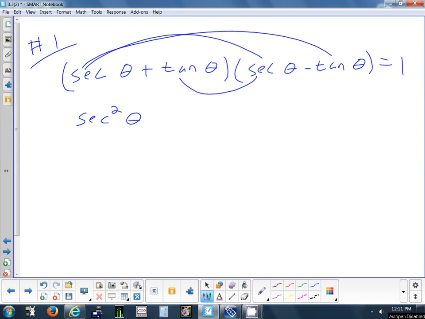Okay, those will cancel out. And then lastly, I have positive tangent times negative tangent. That's negative tangent squared. And now if you go back and look at your Pythagorean identities, secant squared minus tangent squared is a Pythagorean identity, and it's equal to 1, okay, which is exactly what's on the right-hand side.